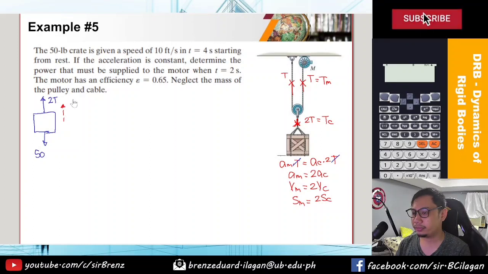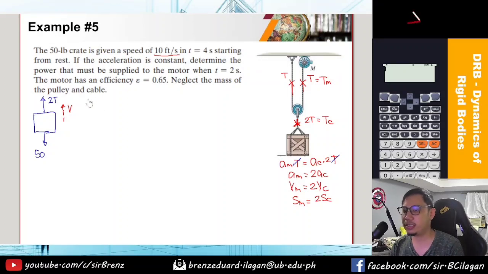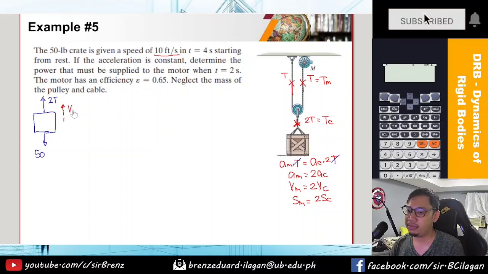The velocity given is that after 4 seconds it has become 10 feet per second, starting from rest. So the initial velocity is equal to 0 and the final velocity is equal to 10 feet per second.